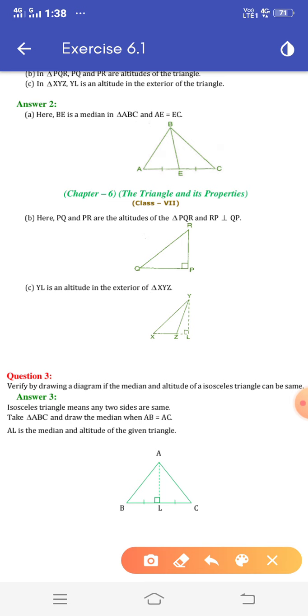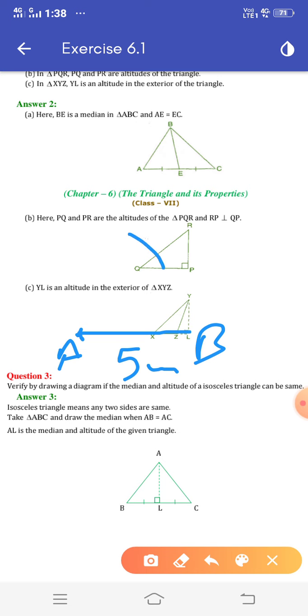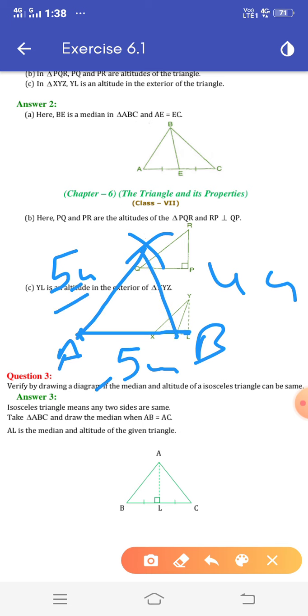Here you can draw the first line of 5 centimeter, and name the points A and B. From point A you can mark an arc of 5 centimeter. From point B you can mark an arc of 5 centimeter. Here you can see that the two sides are equal, so we can say it is an isosceles triangle.